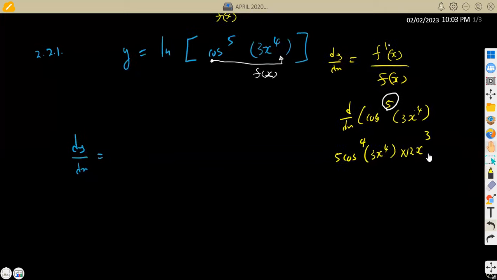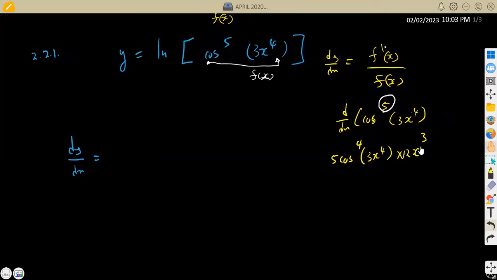Then the last thing that you're going to do is to find the derivative, in this case, of the trig function that you're given. So we know that if you are dealing with a cos, it is going to change into a negative sign. So whatever you're going to have here is supposed to be multiplied by the negative.